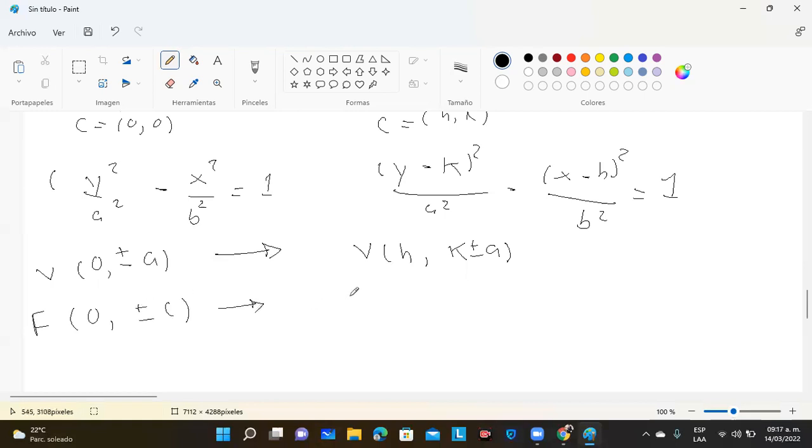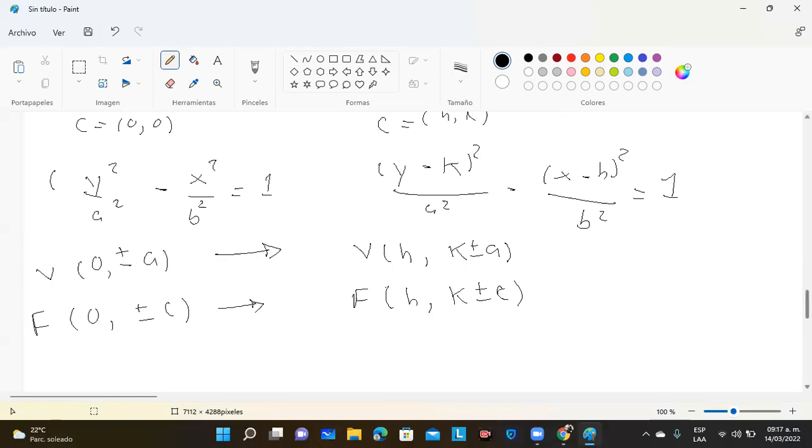And when it's out of the origin, the foci are h, comma, k plus or minus c. Okay, we only need to add the coordinates in this case. Instead of 0, we write the h, and instead of only c or minus c, we add the k.